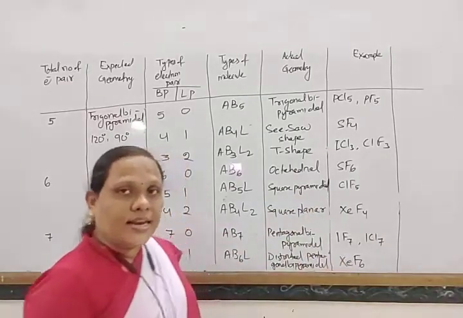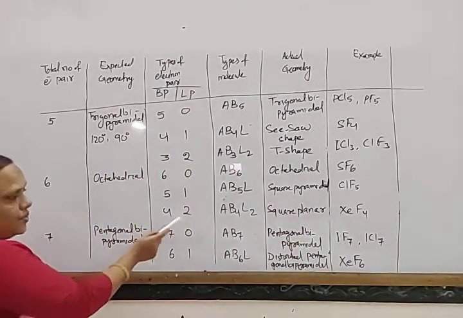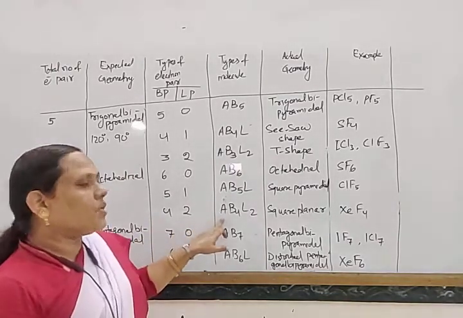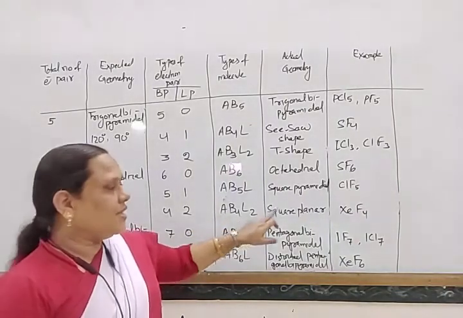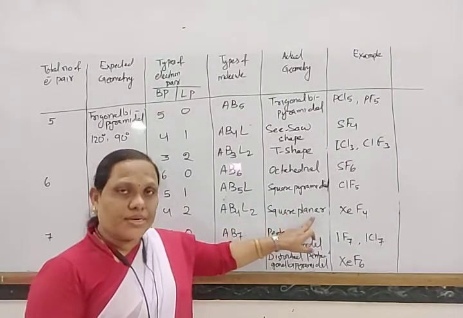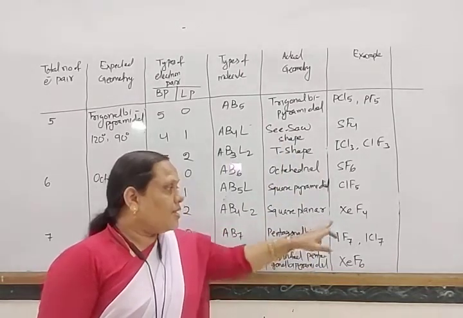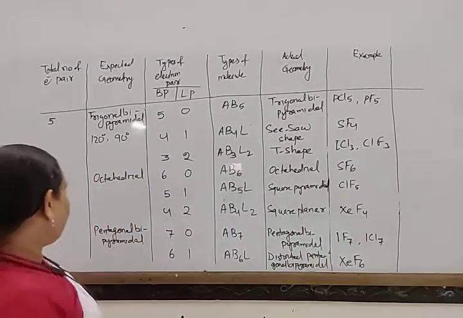Example ClF5. If it is 4-2, with 4 bond pairs and 2 lone pairs, the molecule type is AB4L2. It has square planar shape, and an example is XeF4.